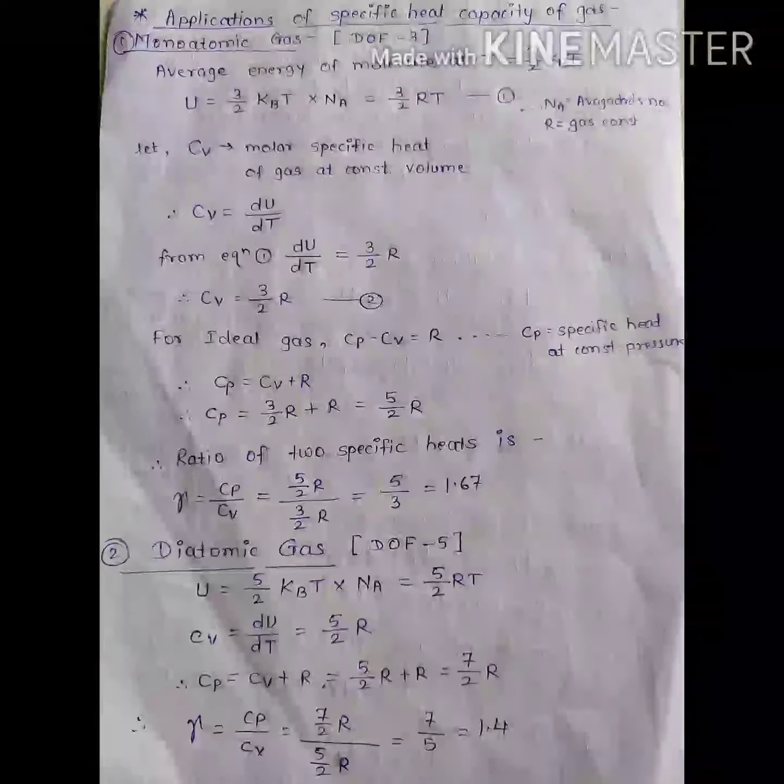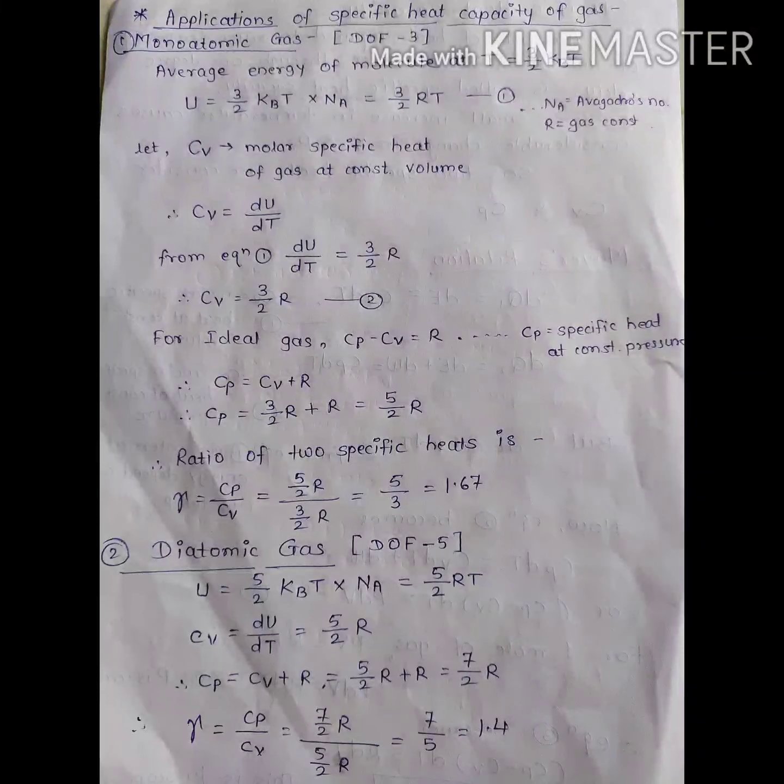Therefore, the molar specific heat at constant volume for a rigid diatomic molecule is Cv = dU/dT = 5/2 R.